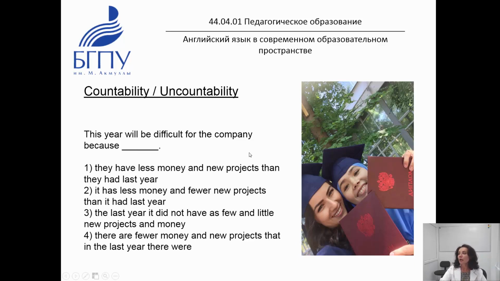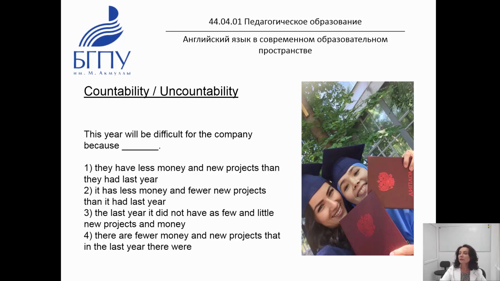Then, next. The next problem under consideration is the problem of countability and uncountability. That's essential not only for the formation of the plural of the noun, but also from the point of view of the irregular adjectives. Irregular adjectives like little, less, the least.